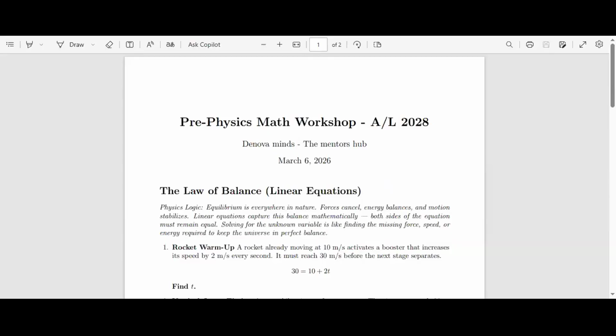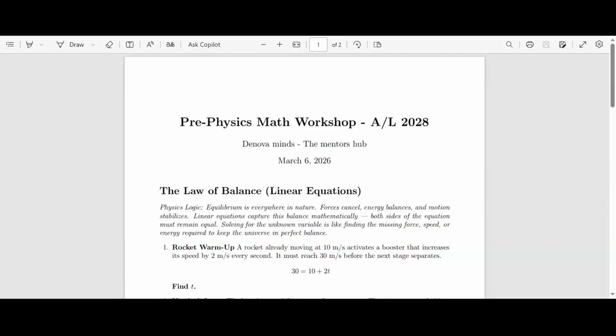So you have to practice solving several types of equations, especially simple equations and simultaneous equations. And it will be better if you also have an idea about quadratic equations. Here we'll focus on just simple equations.